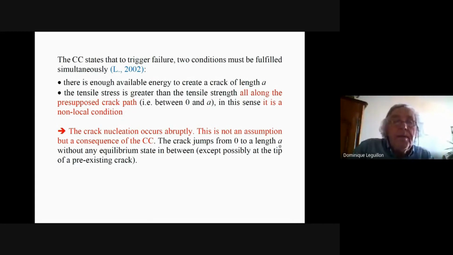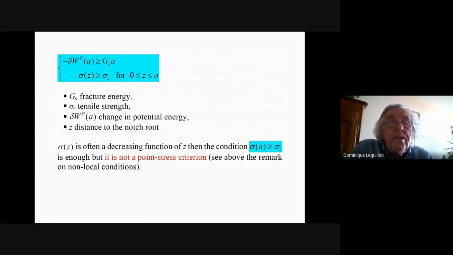So this is the coupled criterion in equations, inequalities: the energy condition, remember, and this is the stress condition, the tensile stress, where z is the distance to the tip of the V-notch, must be larger than sigma C, the tensile strength, all along the presupposed crack path, and still A is unknown, okay?